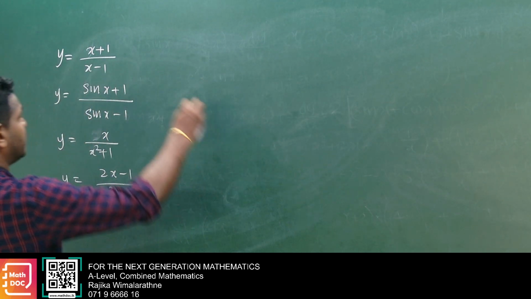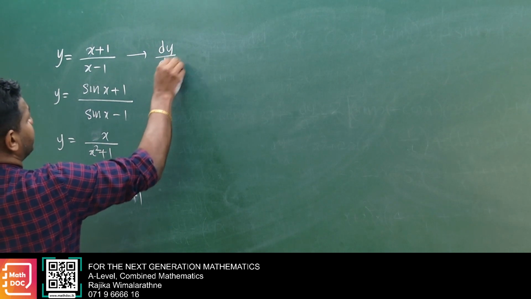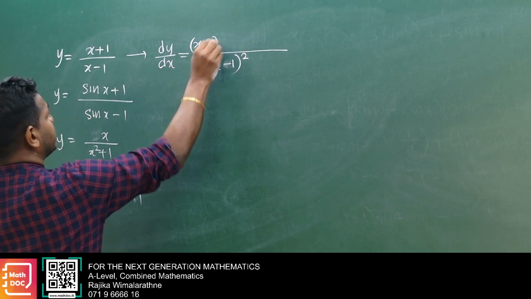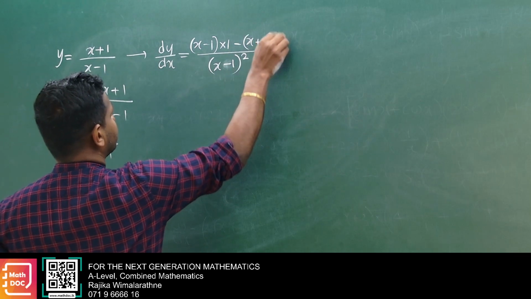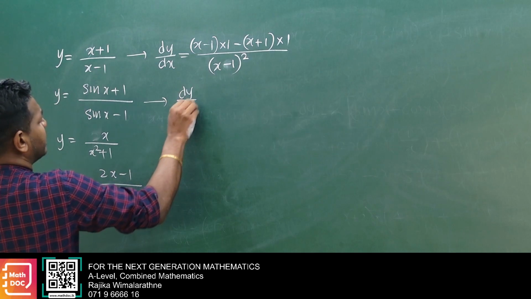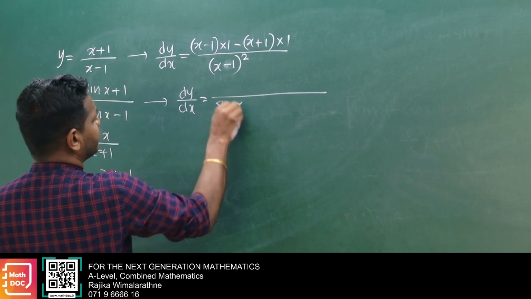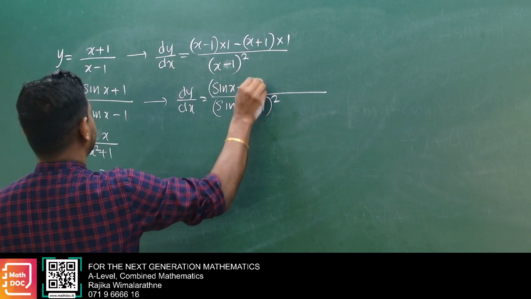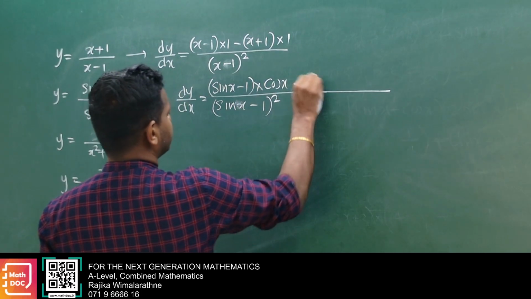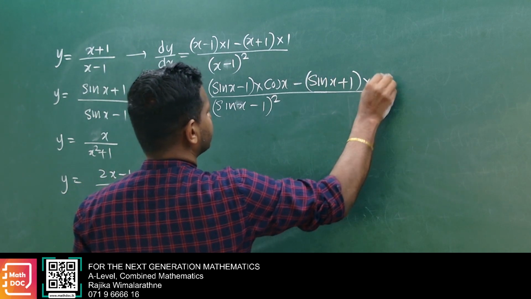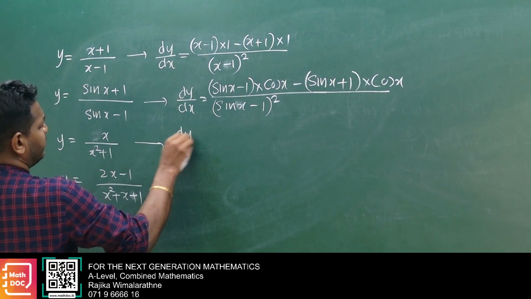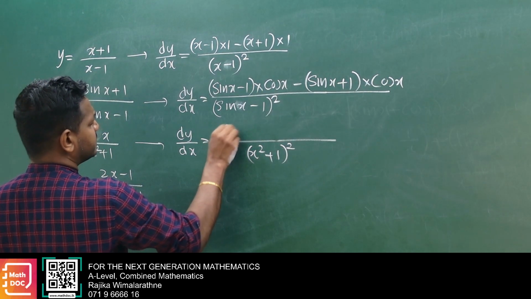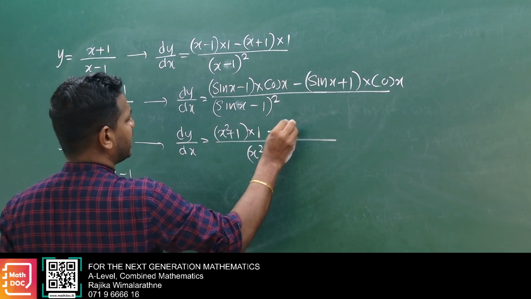Okay. Now differentiate. dy by dx equals denominator square, denominator times derivative of numerator minus numerator times derivative of denominator.